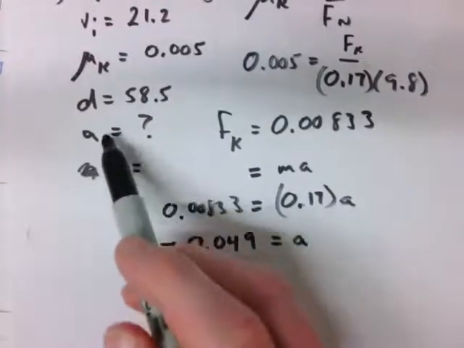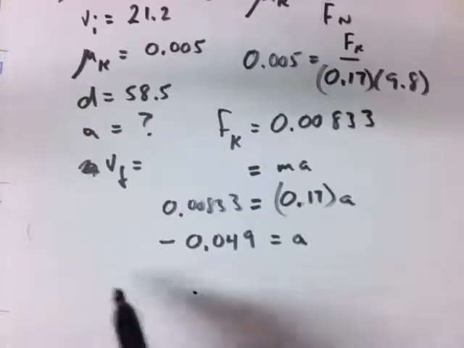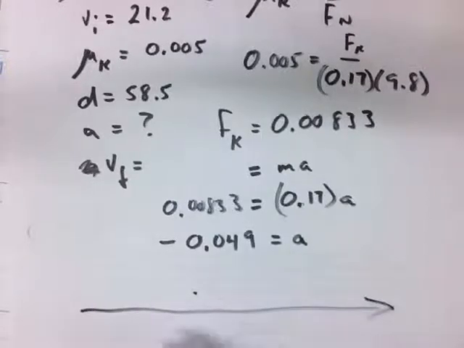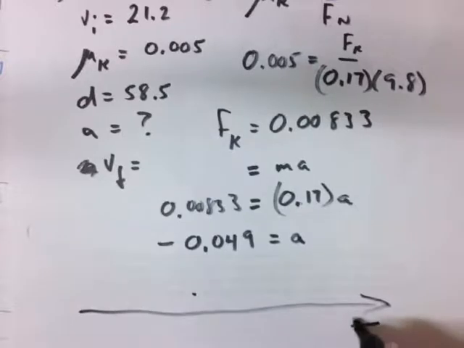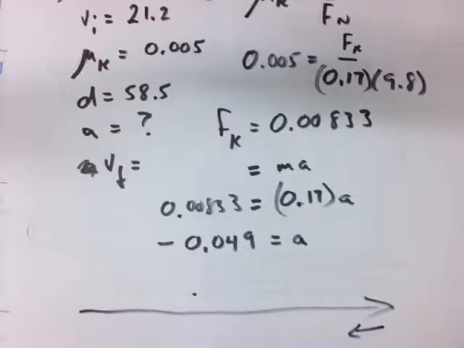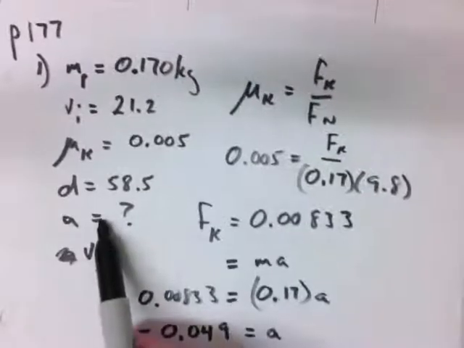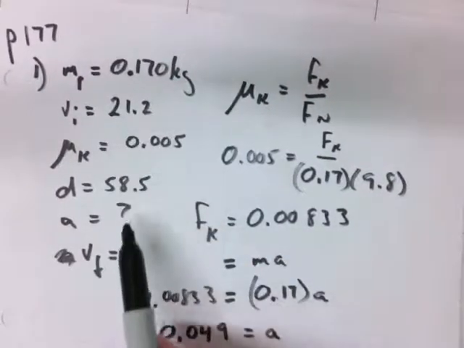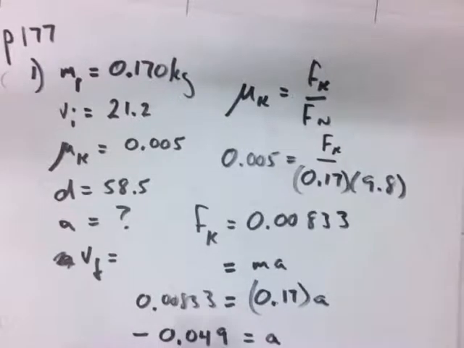When we put it into our equations, it's negative because it's opposing motion. We're moving in one direction. The acceleration is going against that. All right. Now that you have this negative acceleration, you've got initial velocity, displacement, negative acceleration. Just plug it into the formulas to get final velocity.